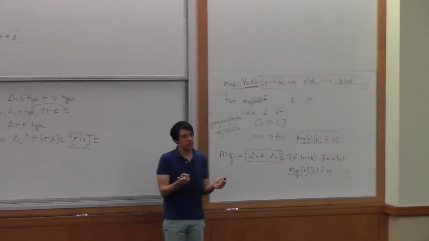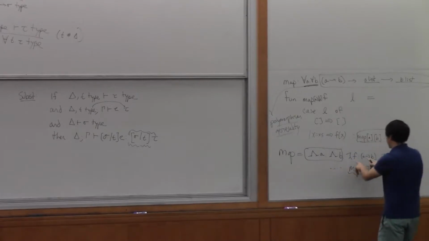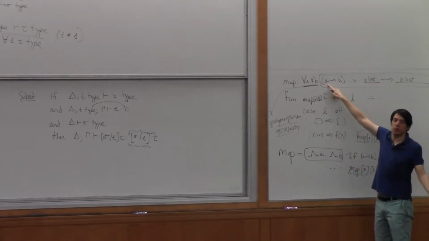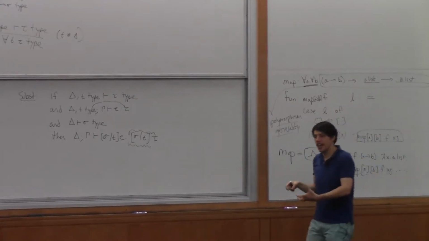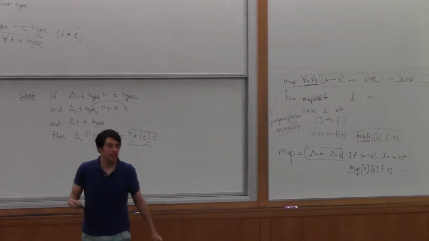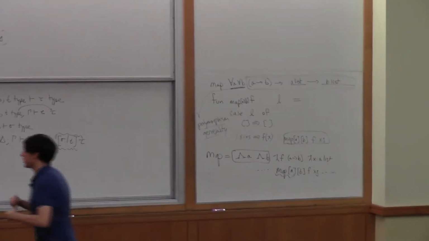Okay? Which is to say, if you take map and you plug in for A here, then the type of it is just plugging in for A there. Right? If we take A to be int in the term, that has type, take A to be int in the type.